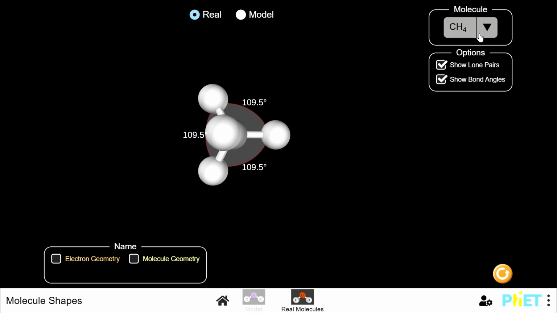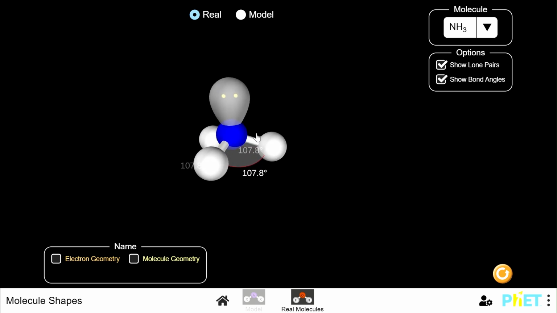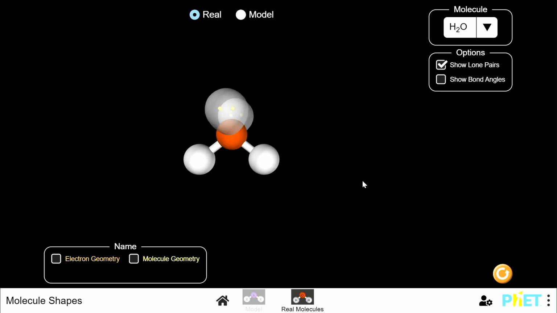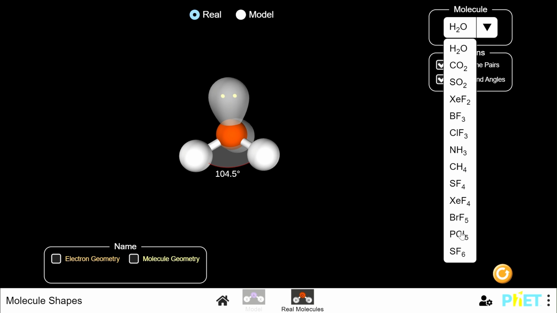But since now there is a lone pair introduced, this fat guy has squeezed the thin people in, so now that is lesser than 109.